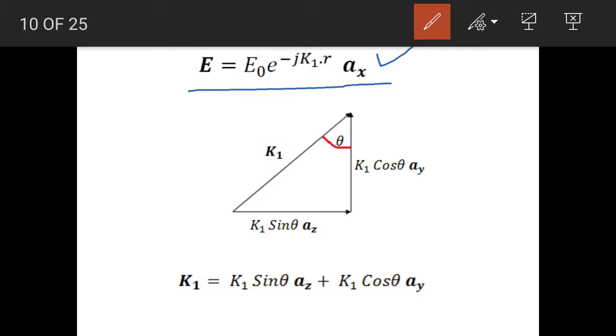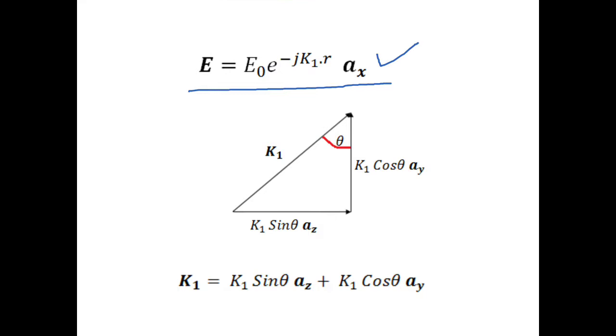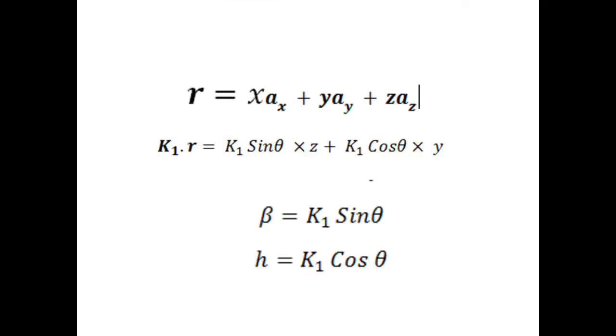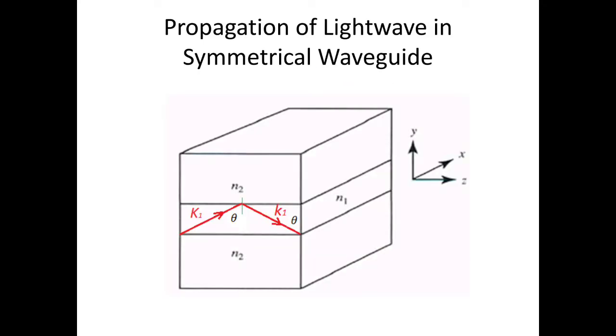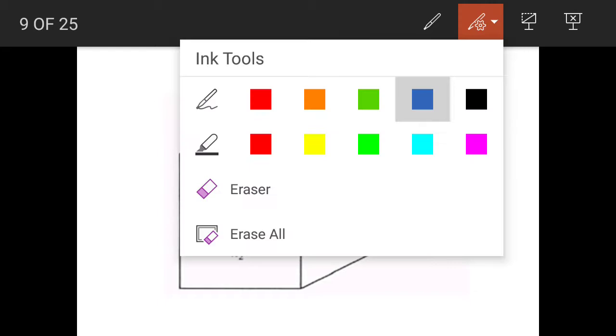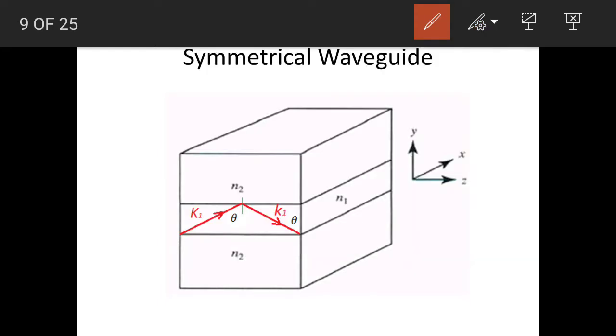So what we do, we consider the light ray which travels in the upward direction. You see this ray is moving in the upward direction, and we resolve k1 into two components.